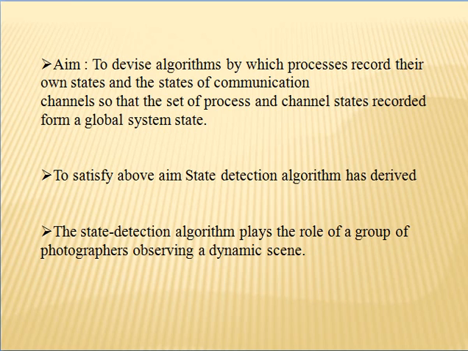Let y be a predicate function defined on the global states of a distributed system D. That is, y of s is true or false for a global state s of D. The predicate y is said to be a stable property of D if y of s implies y of s' for all global states s' of D reachable from global state s of D. In other words, if y is a stable property and y is true at a point in a computation of D, then y is true at all later points in that computation.